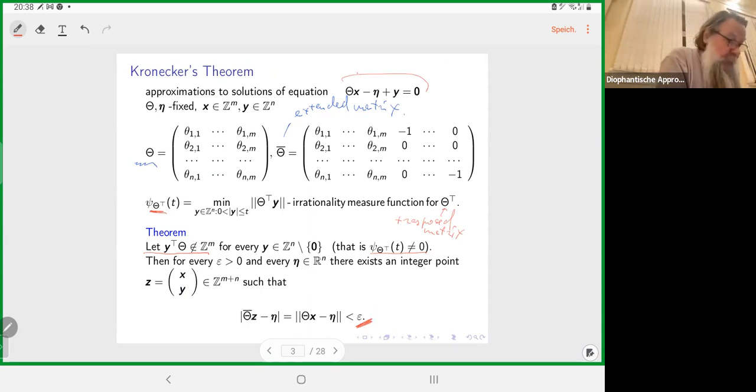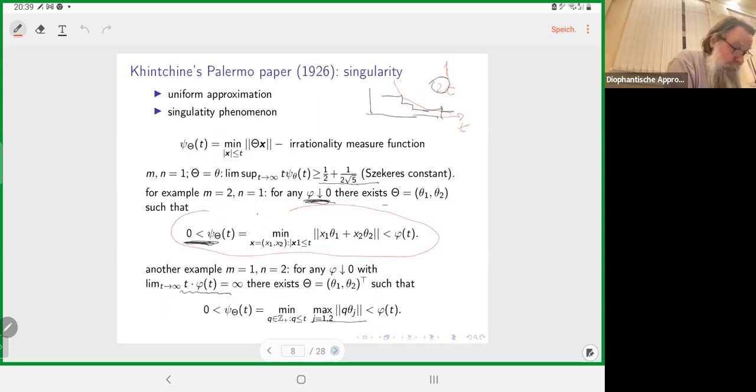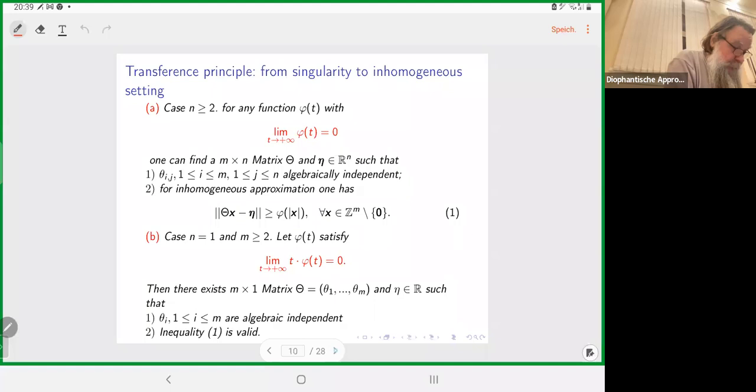So that is why it is not possible to have any reasonable quantitative form of Kronecker's theorem in the case when we have two linear forms or more.